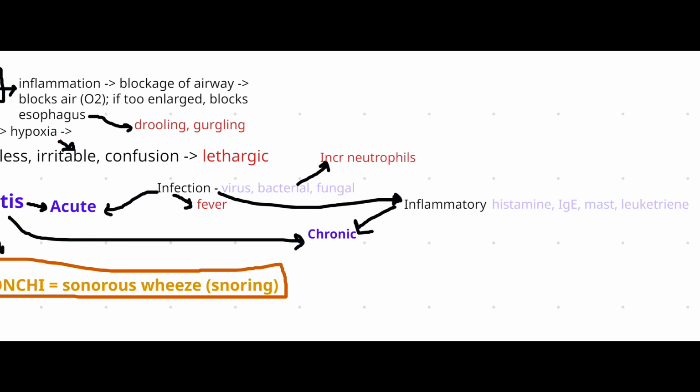Now, what about if it's viral? We're doing a differential. What will increase if it's viral? Increased lymphocytes, and this is initially, okay? Not in a very severe viral condition, because in a very severe viral condition, this is going to deplete lymphocytes.